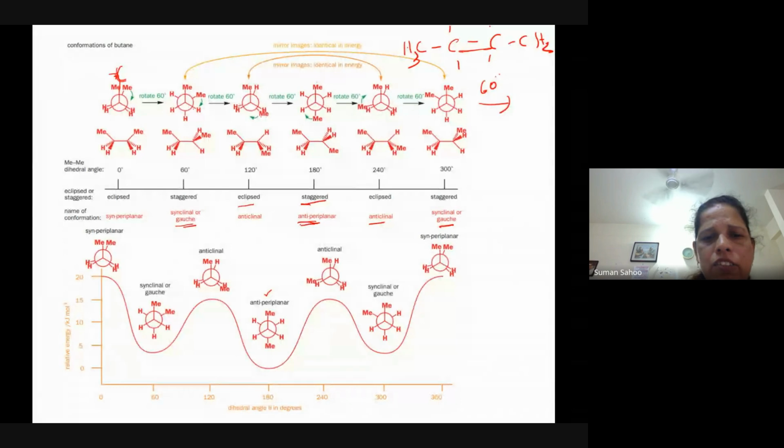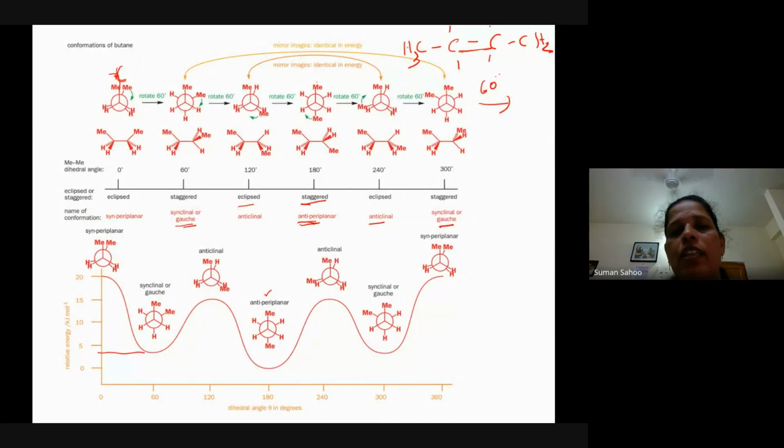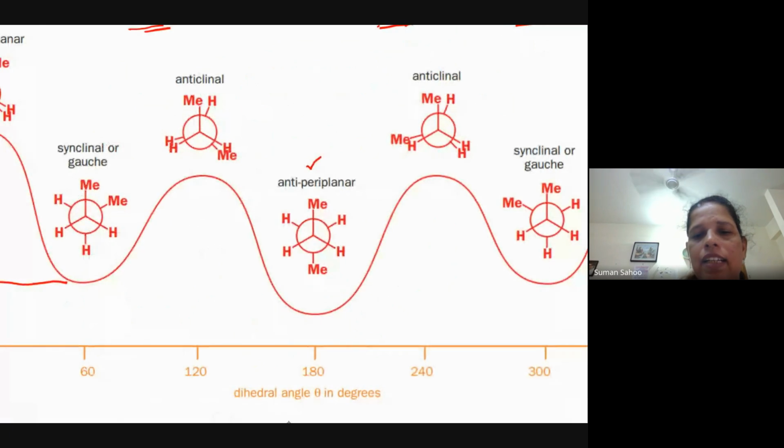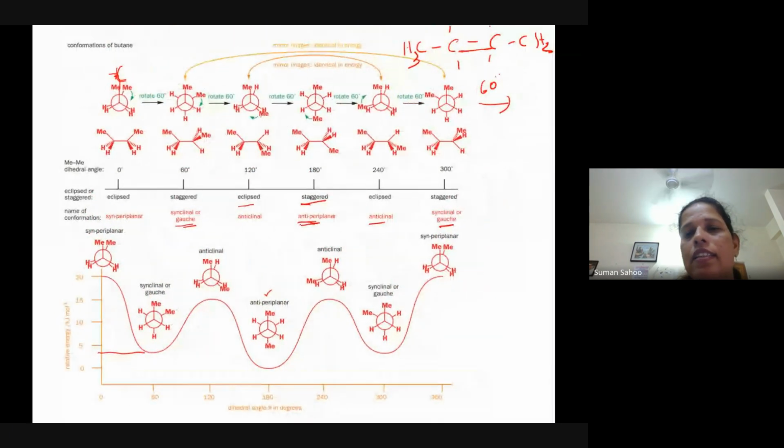The energy difference between staggered and eclipsed is not much, so you can just rotate it. Depending on the reaction conditions, it can have an eclipsed or a staggered conformer, but the main preferred conformation is the staggered one. So this is the potential energy diagram of butane against the dihedral angle theta in degrees.